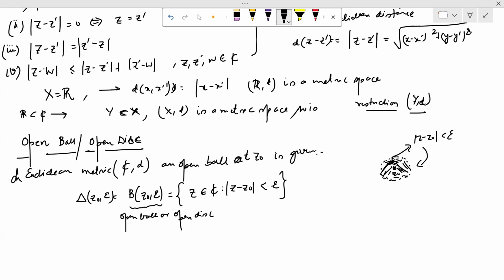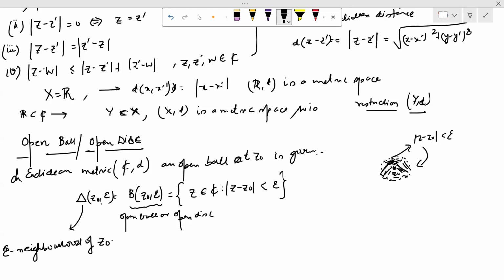Why do we need to define it? It also defines an epsilon neighborhood of the point z naught.